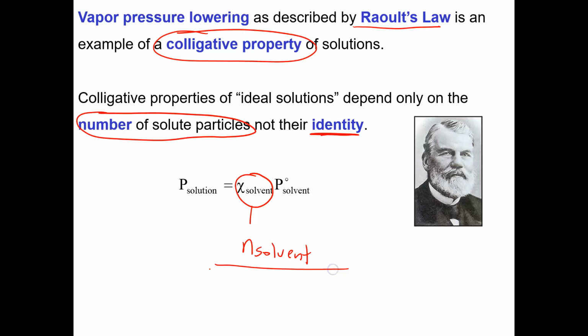Nowhere do you identify the identity of the particles. So we don't have a term in here that in any way expresses the identity of things. It doesn't matter the identity. It only depends on the amounts.